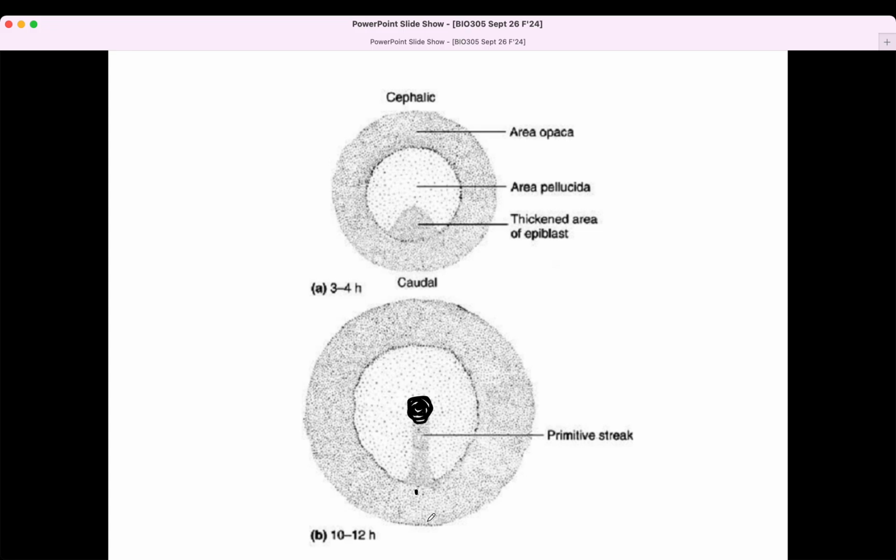The valley is getting longer and longer, and then beyond that, there's a bump. The bump is called the node, and it's called the node in mammals. In a chicken, it's called Hensen's node.